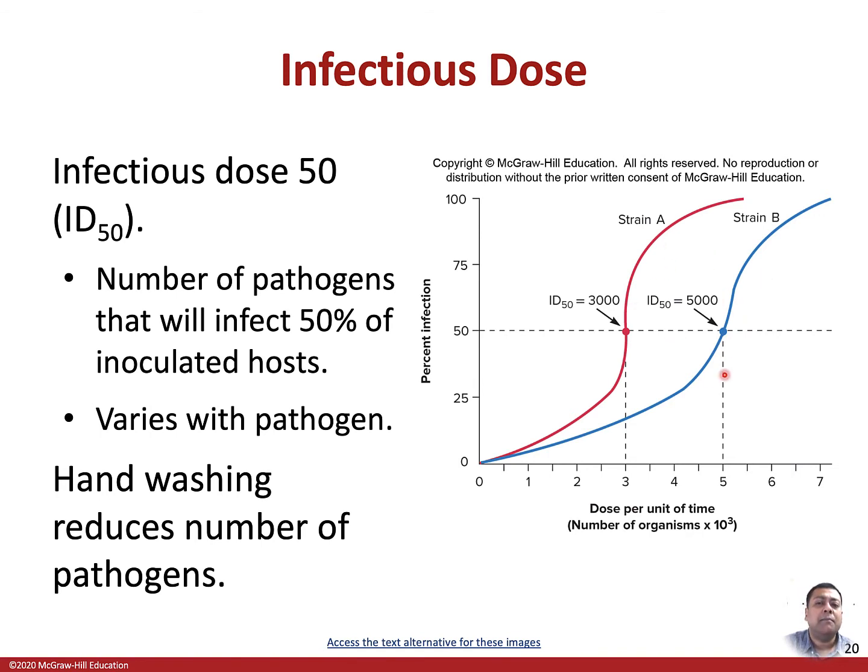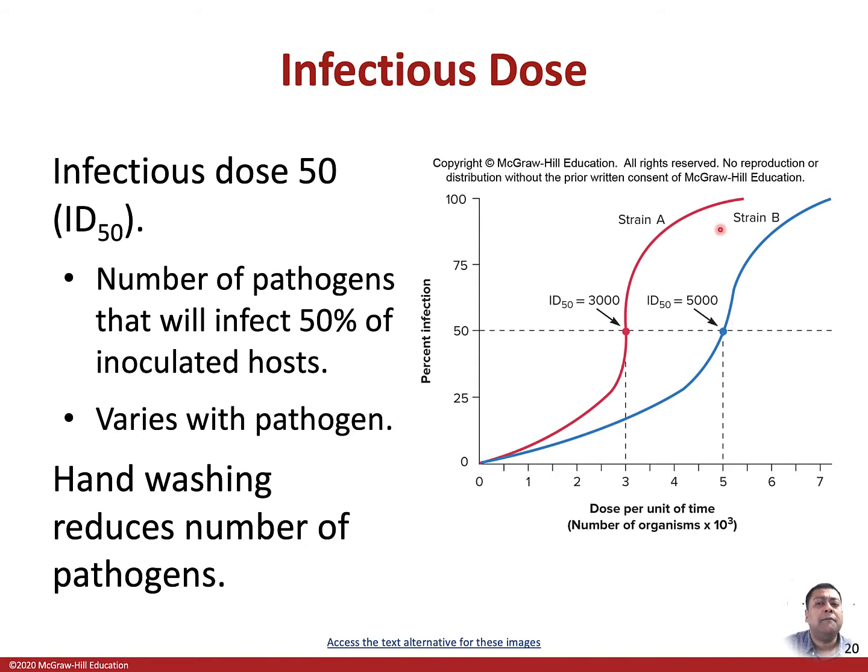That would be comparing apples to oranges, because each one of them has different ways of causing a disease and a different outcome. So you cannot compare different organisms unless they are very close to each other.